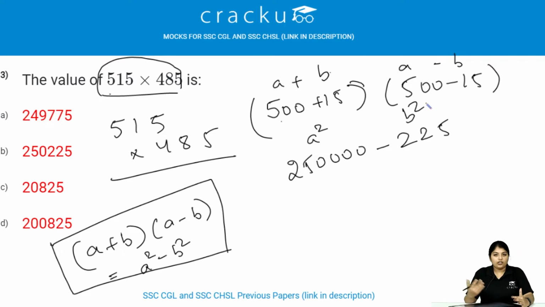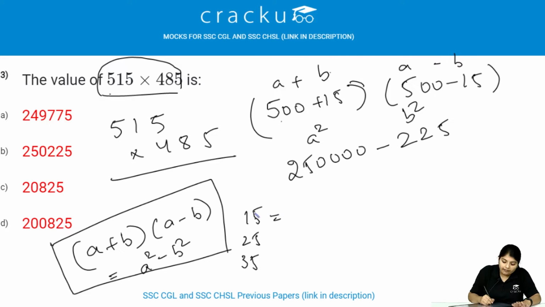I'll tell you a short trick. 15 square is 225. How? If we don't remember it suddenly: for a number ending with 5, suppose it is 15, 25, 35, anything, the square is easily found. 5 5s is 25, so the last digits will be 25. And after 1 it is 2, so 1 into 2 is 2.